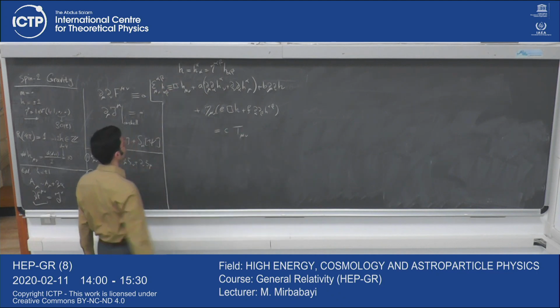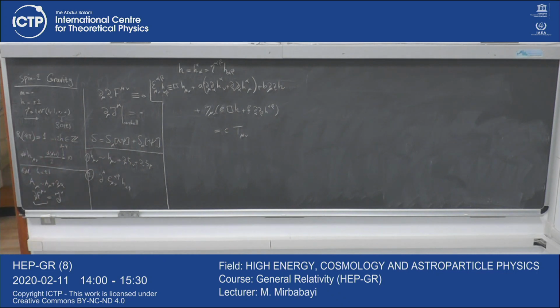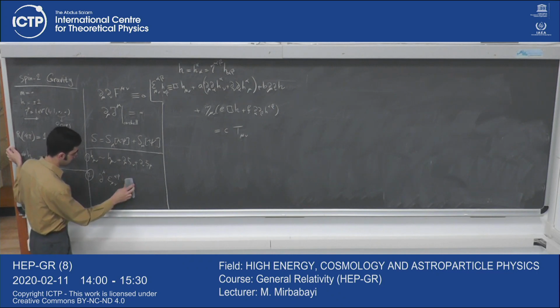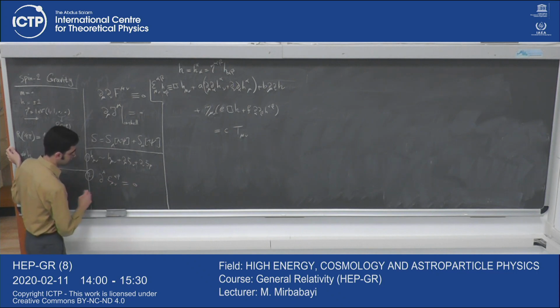So this operator is a linear differential operator called epsilon mu nu alpha beta, and it has the property that it is identically conserved, meaning that this is equal to 0.